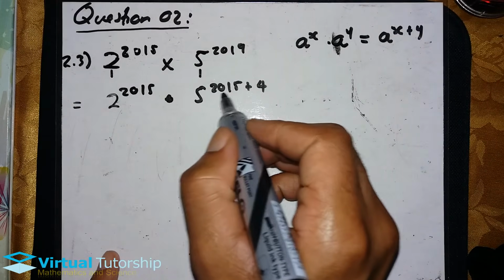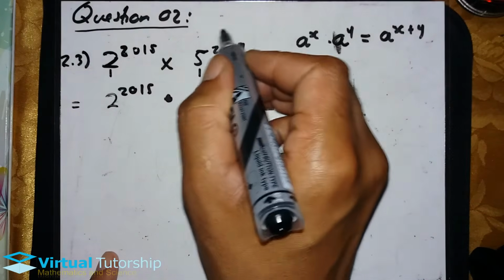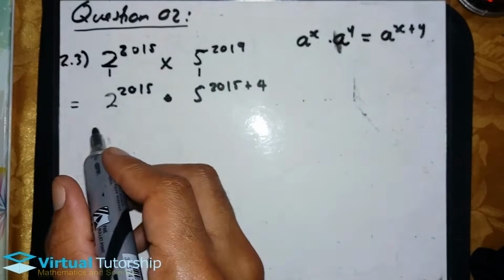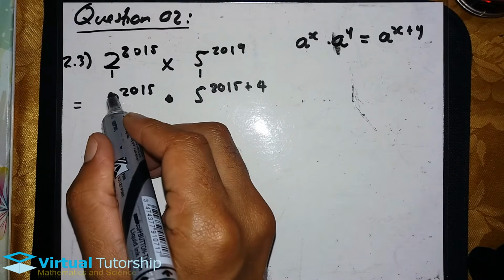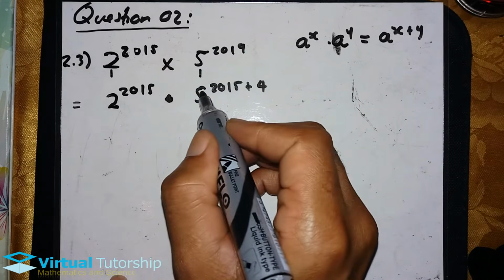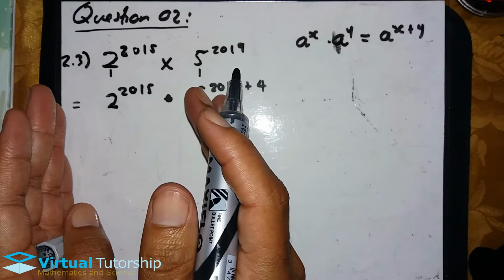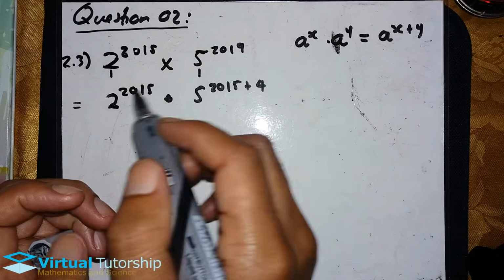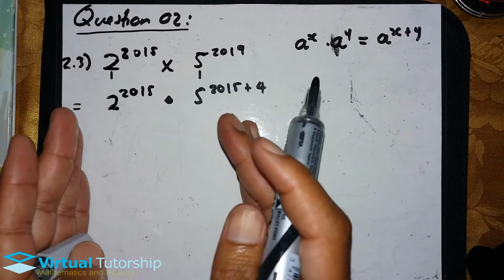I know that 2015 plus 4 gives 2019, right? Remember my game plan is to multiply this 2 and this 5 to get a base of 10. It's easier to answer this question if it's a base of 10.